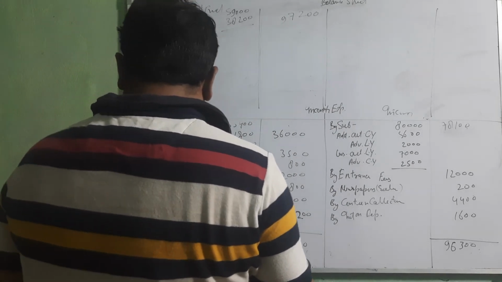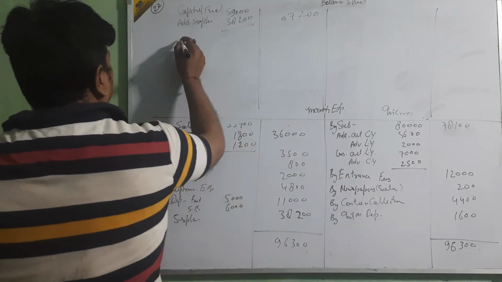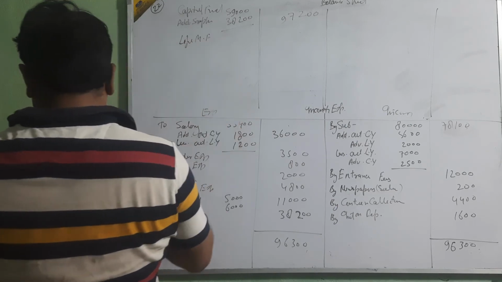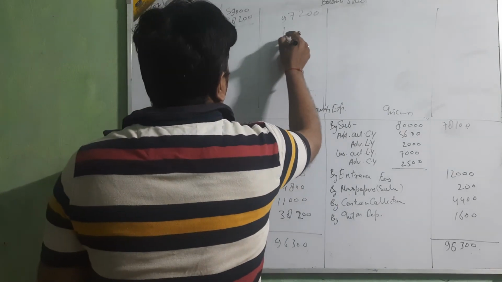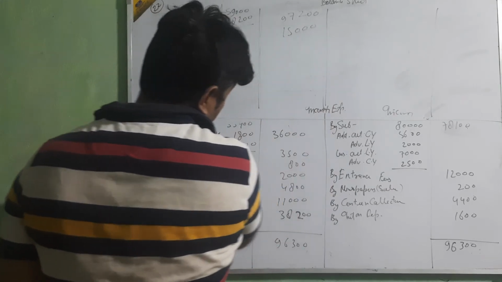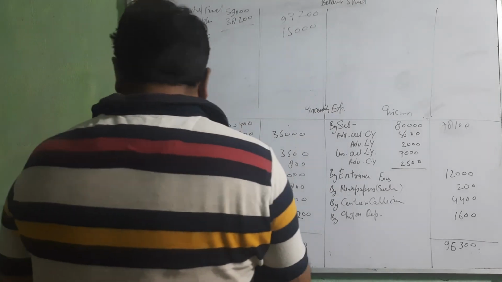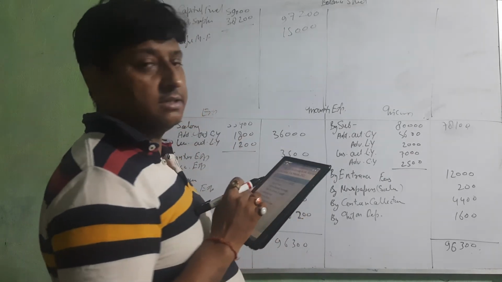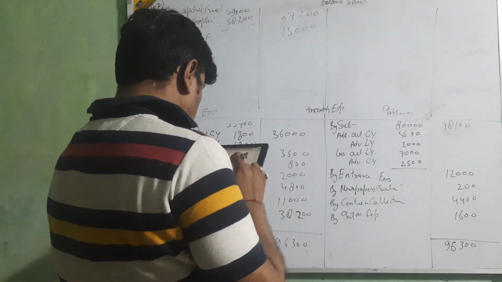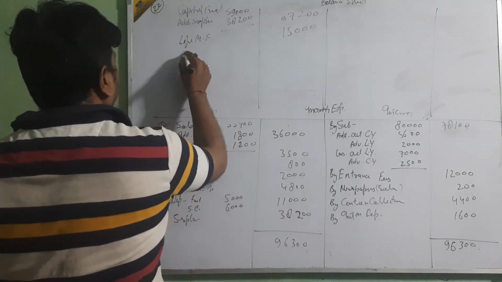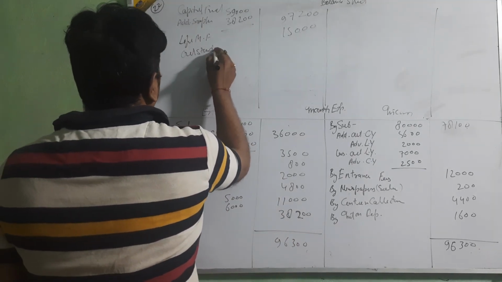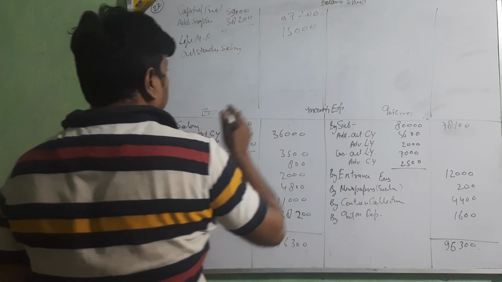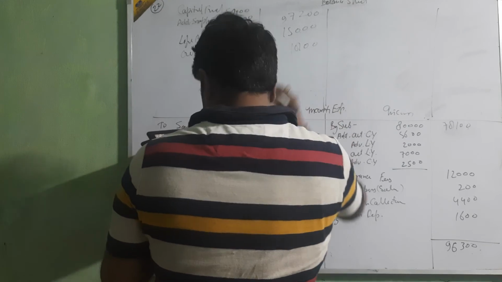Then see what thing we just ignore for the life membership fee at the time of making that income and expenditure account. Nothing else on this receipt side. Go for the adjustment. Outstanding salary current year 1,800.